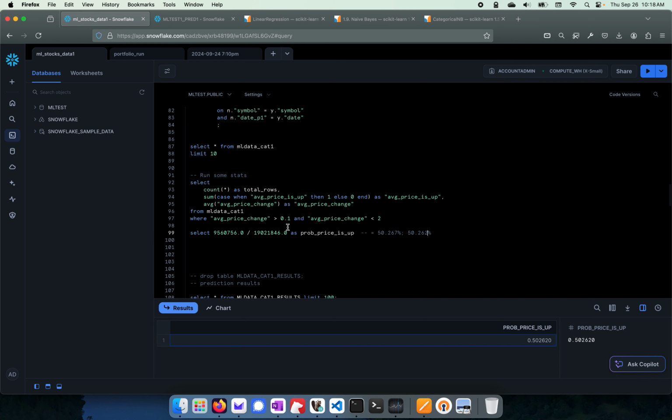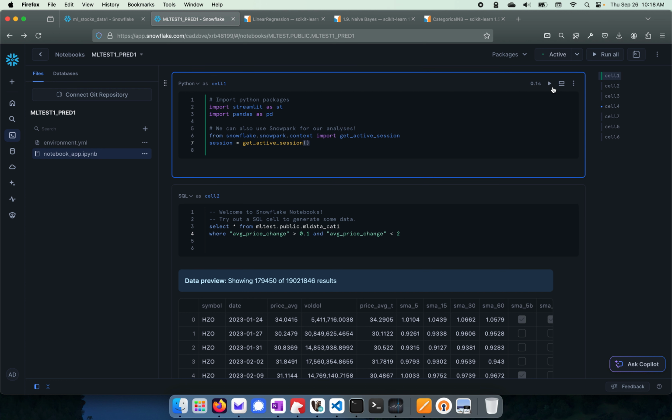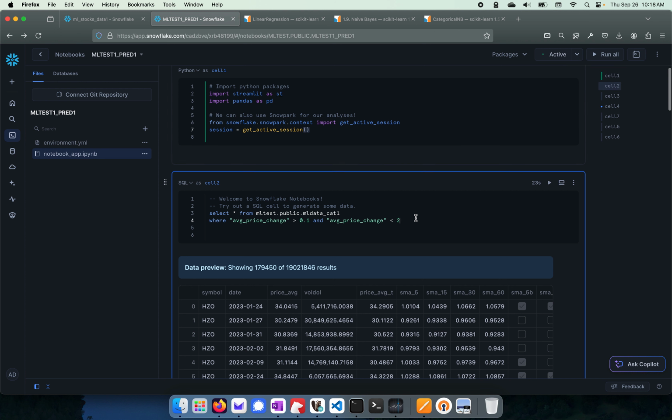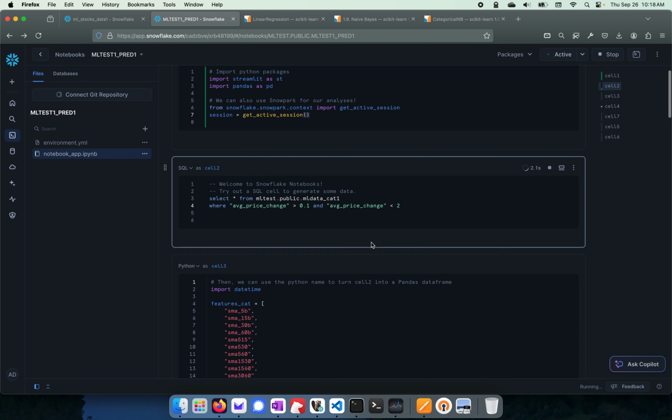Okay, so let's get back into our notebook and let's load the data. I will load some of our libraries here, and I will load the data from our view into cell 2, and this should be fairly quick, even with an extra small warehouse.